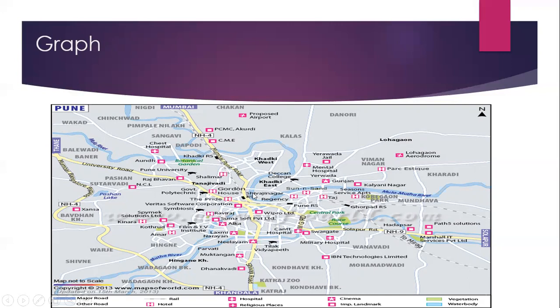There are various paths, but what Google Maps does is give you the nearest path. So these are some applications we can design with the help of a graph, just like finding the shortest path. That is one application we have to study.